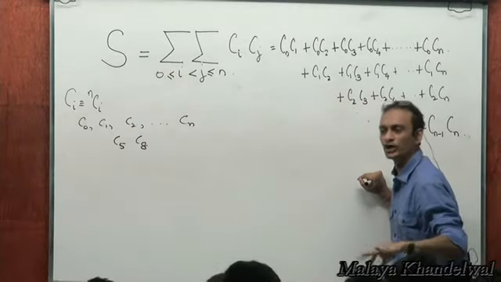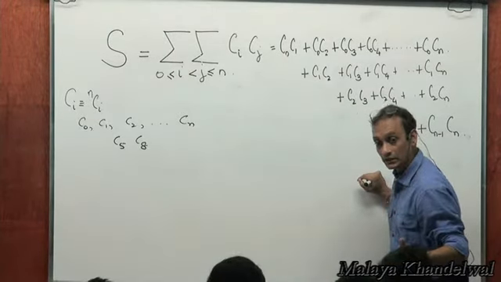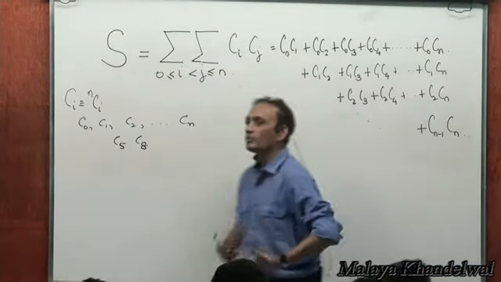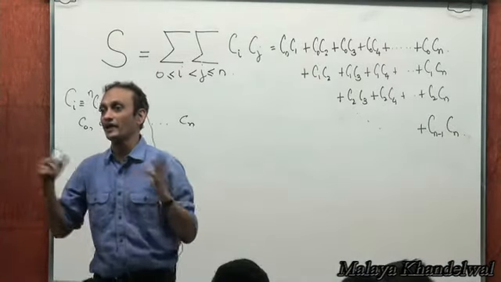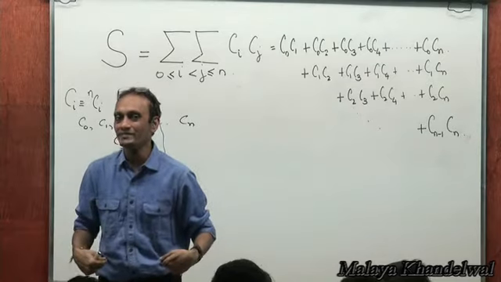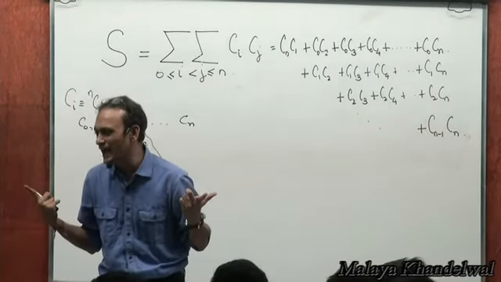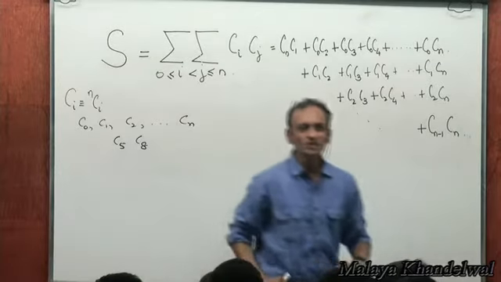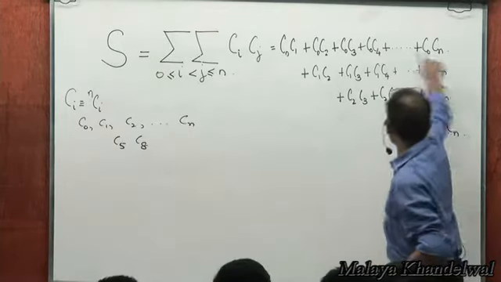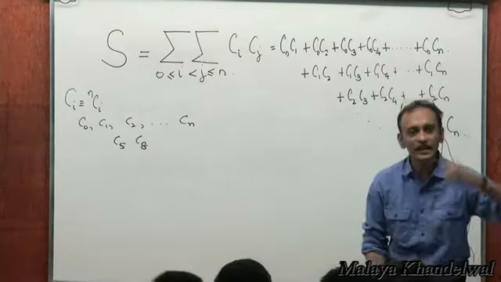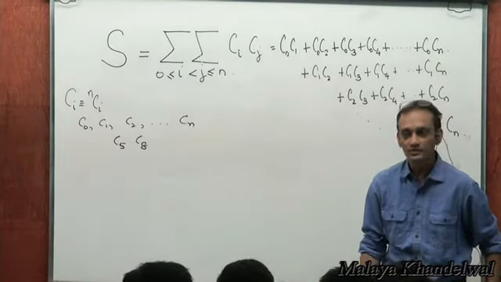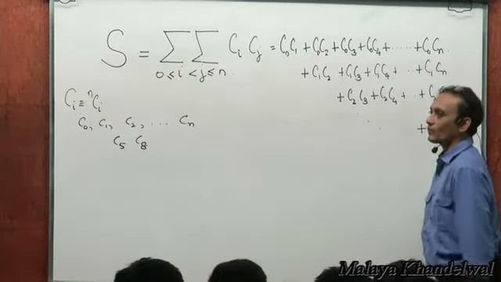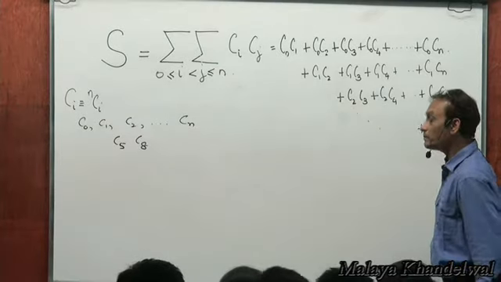You won't have C1 C0 appearing again in this. From combinatorics, how many terms will appear in this? If there are n numbers and you take 2 at a time, how many such pairs will there be? nC2, absolutely. So there would be nC2 terms. Sounds good, right?